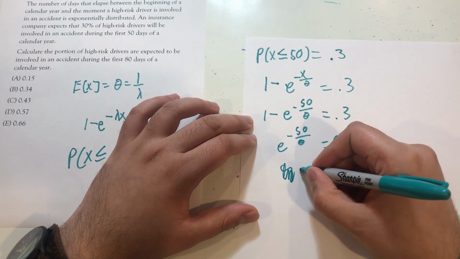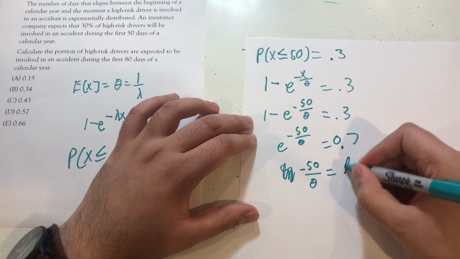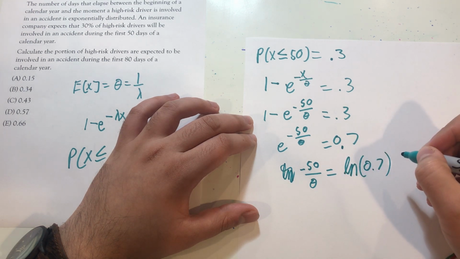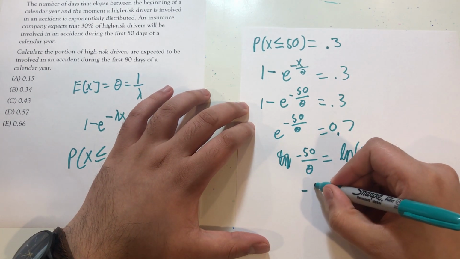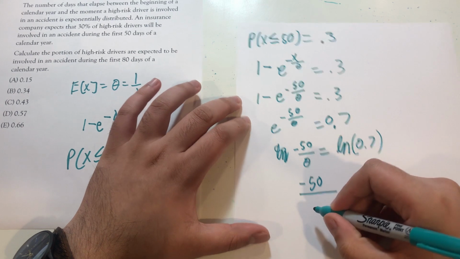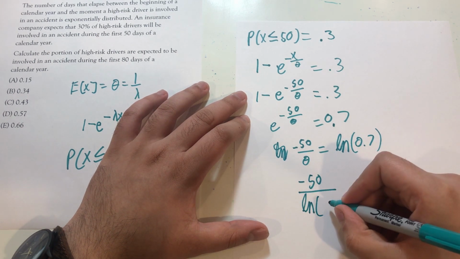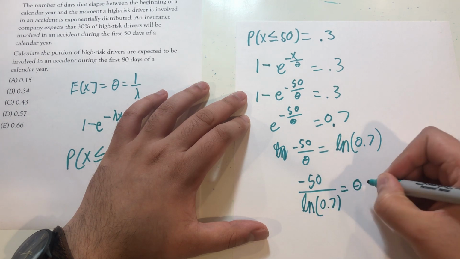That'll cancel, and I have negative 50 over theta is equal to the natural logarithm of 0.7. And then I isolate my theta, and I get negative 50 divided by the natural logarithm of 0.7 is equal to theta.